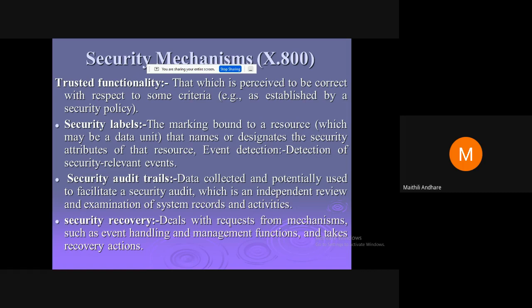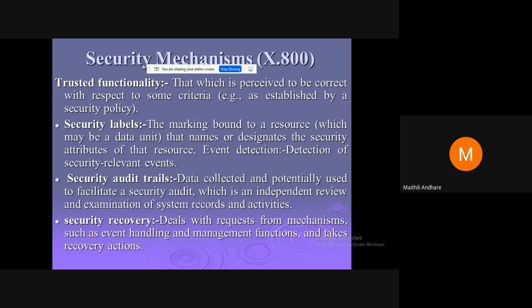Next thing is security audit trails. While transferring data in any system, data is collected, and so as to validate that data and analyze it, the security audit is done, which is independent.